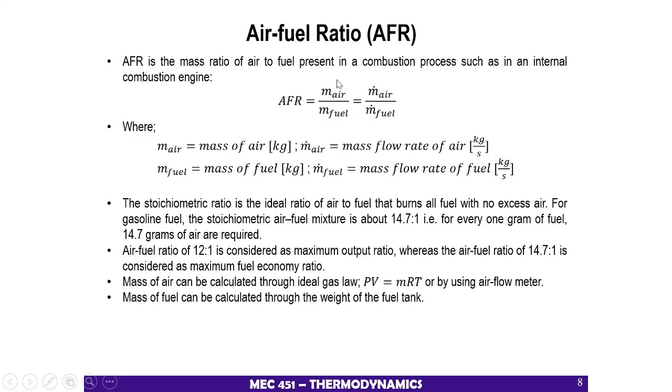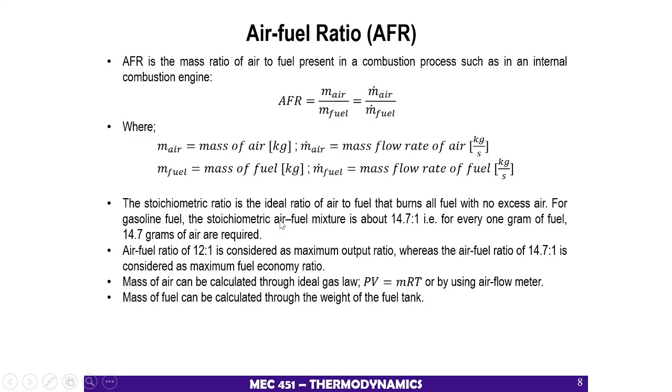Air is a mass, and fuel also is a mass. If it is mass flow, we have the mass flow rate, m dot. Either mass or mass flow rate can be used.